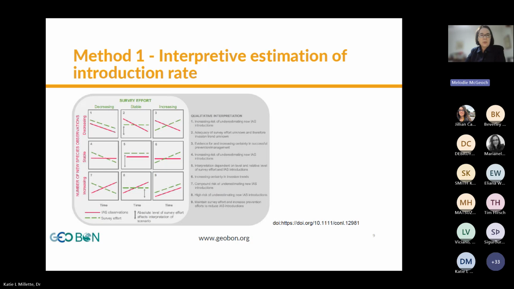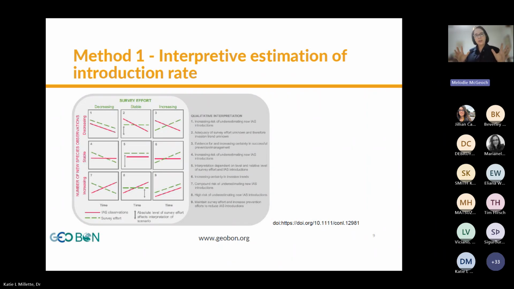If we have, for example, increasing survey effort and decreasing numbers of new observations, that is interpreted as evidence for an increasing certainty in successful prevention or management of invasive alien species in a country.